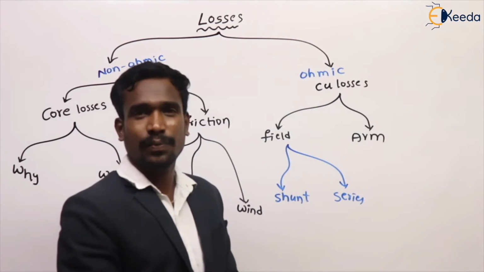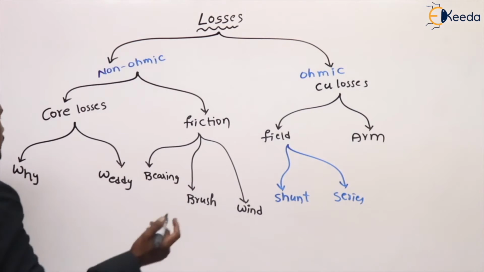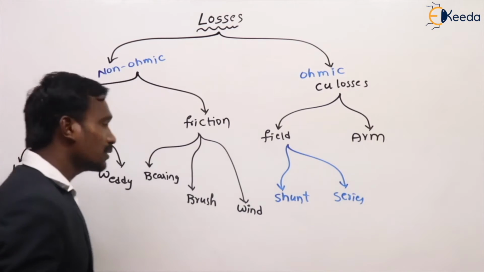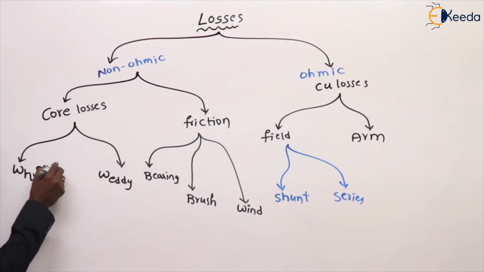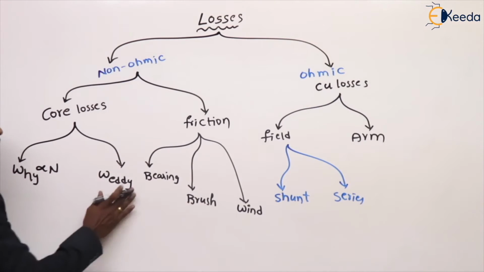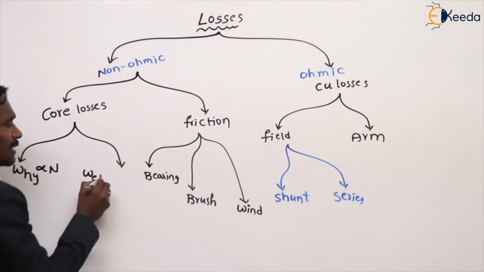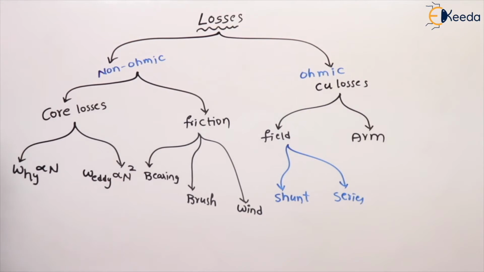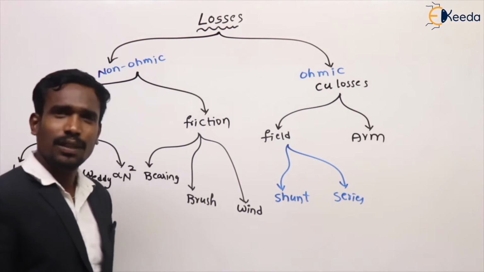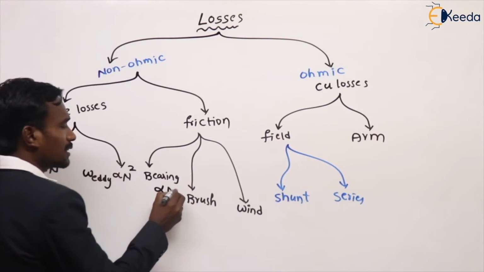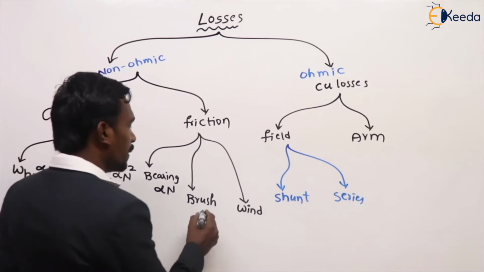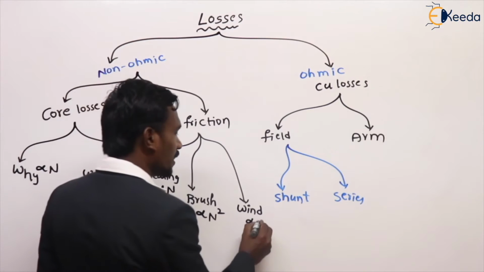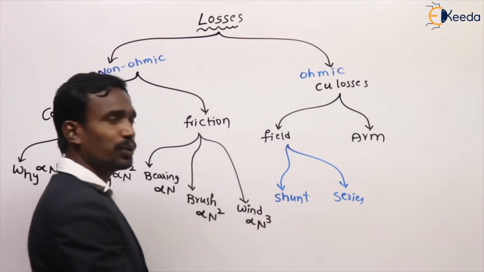Generally, hysteresis losses are directly proportional to frequency, that's why directly proportional to speed. The eddy current losses are directly proportional to frequency square, which is directly proportional to n square. Bearing frictional losses are directly proportional to n, brush frictional losses directly proportional to n square, and wind frictional losses directly proportional to n cube.